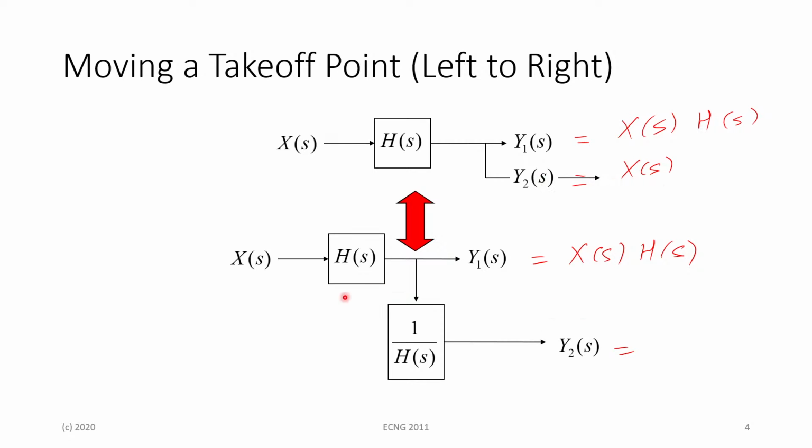So to get back that x of s alone, we need to divide by h of s to get back to our equation. So this here would be x of s, h of s, all divided by h of s, and these h of s cancel. We get this back equal to x of s.